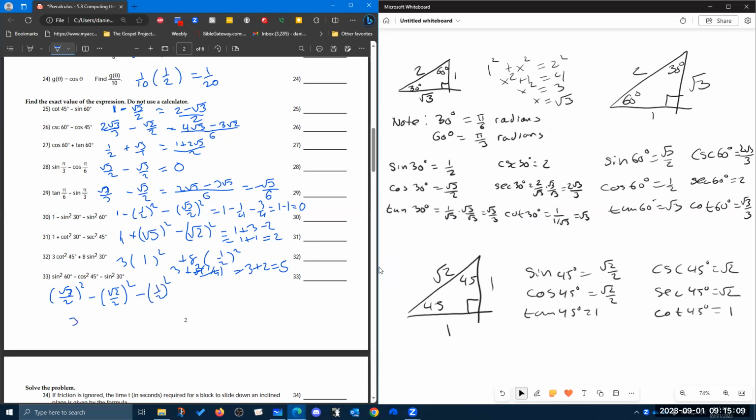So this is going to be 3/4 minus 2/4 minus 1/4, which is 3/4 minus 3/4, which is going to be 0. And we're all done with our special right triangles. We'll come back and we'll do some problem solving next time.